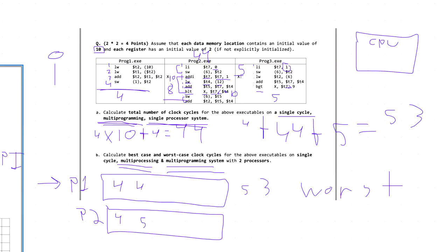This will finish in 9 cycles total. It happens simultaneously with program 2. Because of that, we know that the whole thing is only going to take 44 cycles, because the remaining 9 will happen at the same time as those 44 are happening. So we don't need to worry about that.